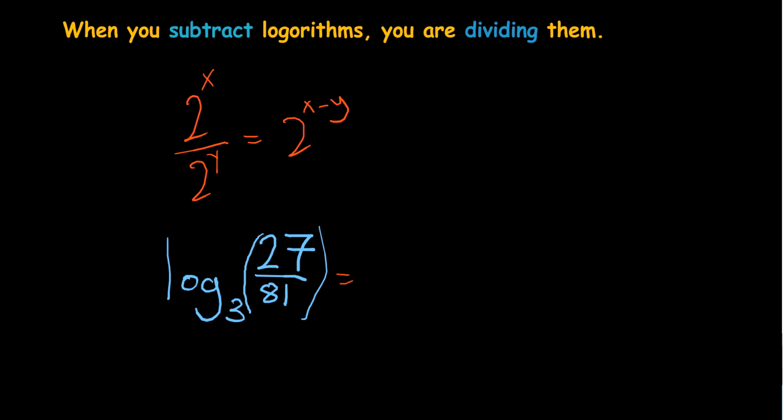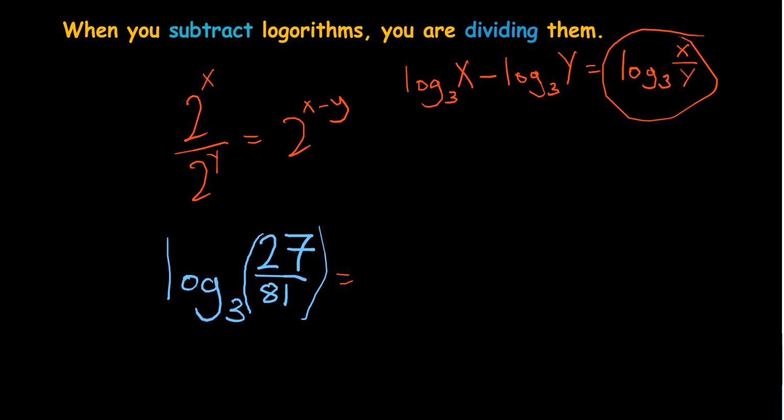Just to give you a little example here: log base 3 of x minus log base 3 of y equals log base 3 of x over y. Okay, that's the basic formula.